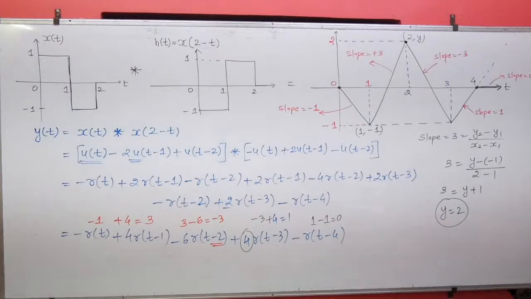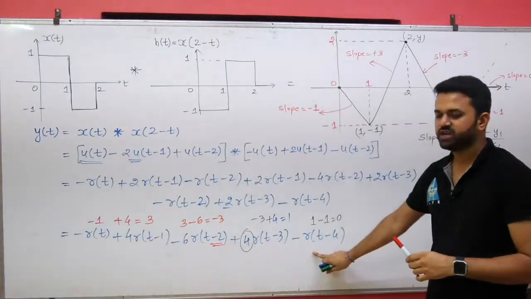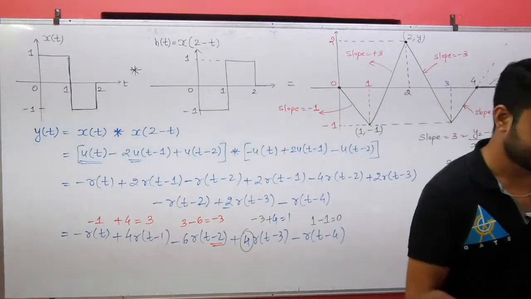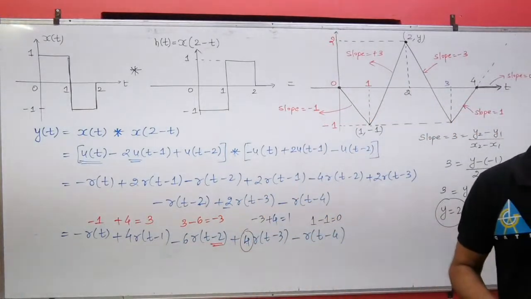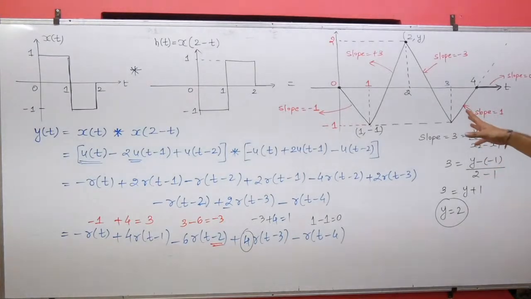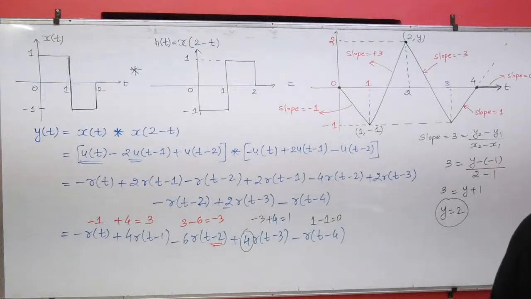In total we are calculating 5 slopes, so we have 5 terms, and in this way we can draw the signal. According to this, the correct option was option C.